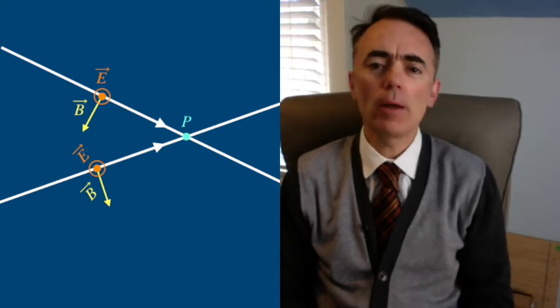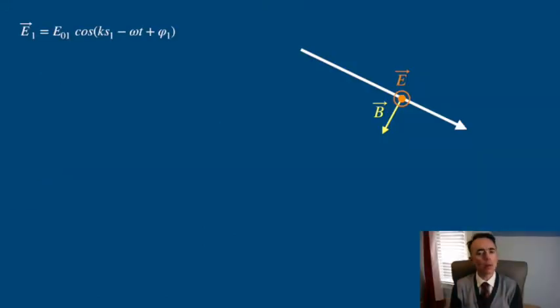So we can describe them as E1 equals E01 cosine of (k s1 minus omega t plus phi1), where s1 is the position coordinate with respect to the origin of that wave, and phi1 is its initial phase, the phase it had when t was equal to 0.